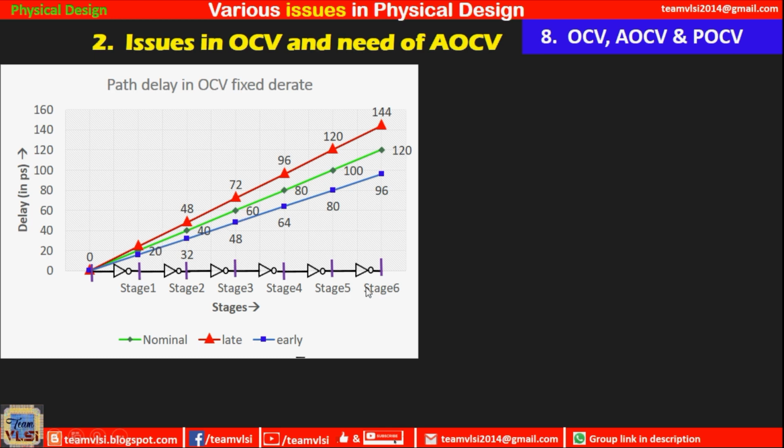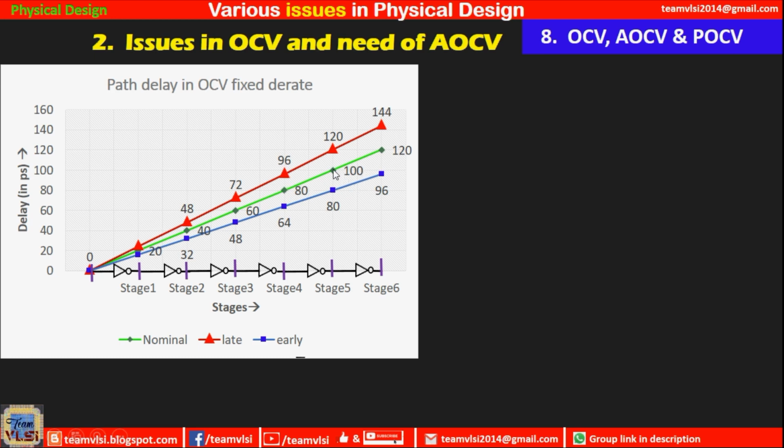So up to stage 6, the nominal delay is 120, and the red line shows your late derate, where we have considered 20%. So in every stage we added 20% of late delay.